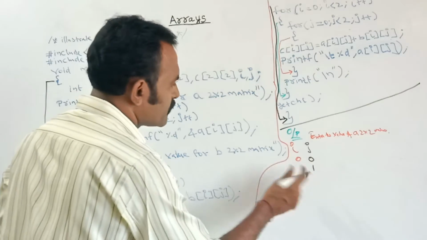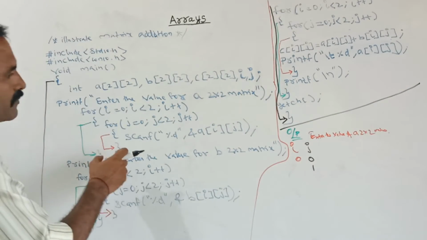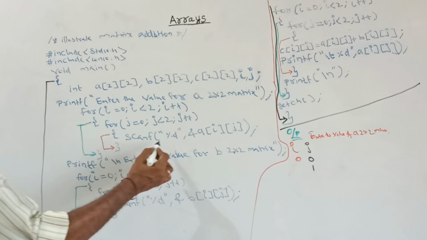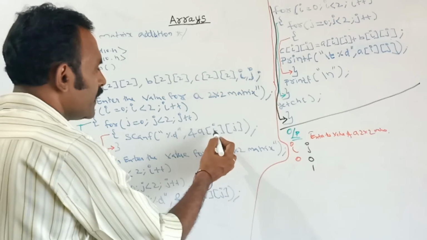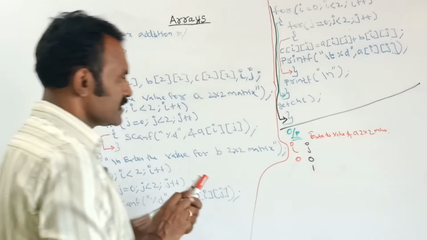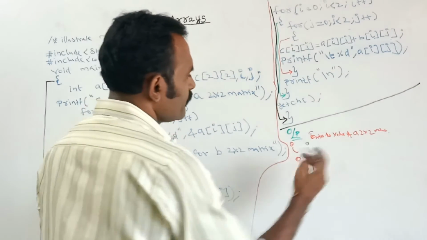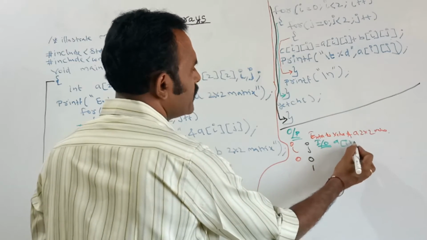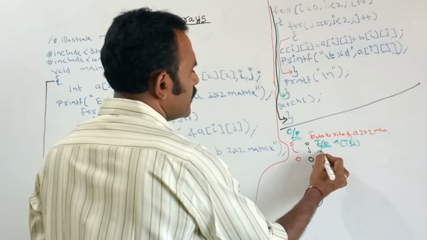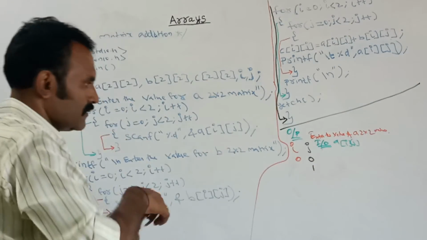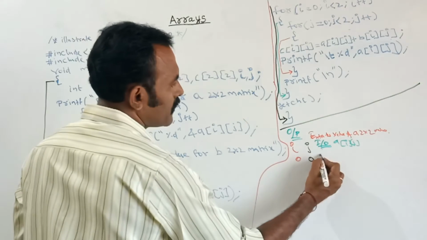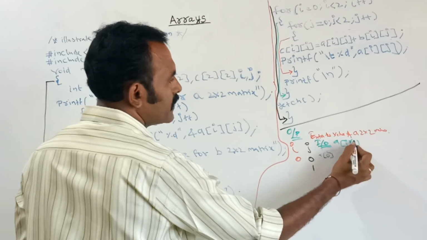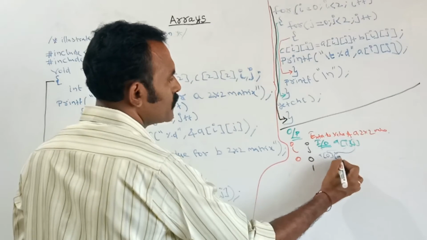Here very first I is equal to 0, it will check the condition and it will come to the inner part, value 0 and 1. So each and every time, with the help of the scanf function, I am getting the input to a of I and j location. So here this is the input, a of I and j, that is a of 0, very first I value is 0, and j value is also 0.